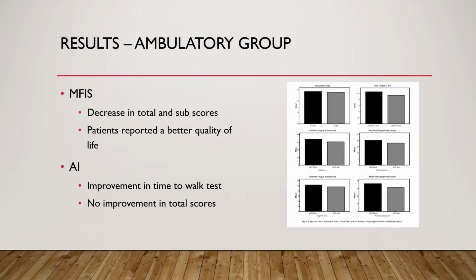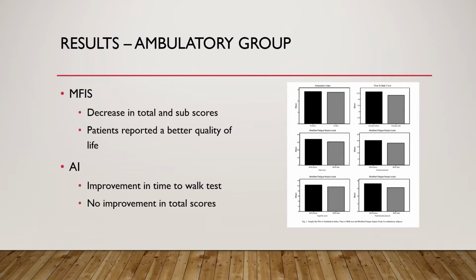Over here is your total score, and then your physical subscore was the top right, cognitive bottom left, and then psychosocial bottom right. Also, when interviewing these patients after the study, a lot of them actually stated that they felt that they improved their quality of life after the physical therapy treatment because they didn't feel as tired.